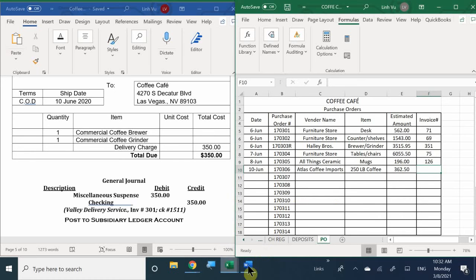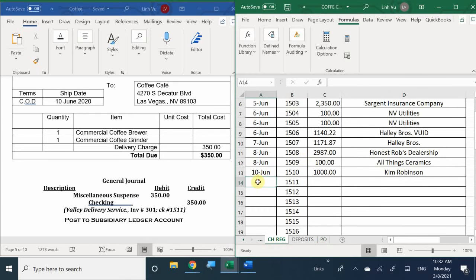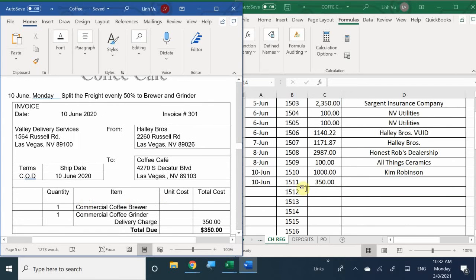All right, now we got to go to our checking, right? Because now we wrote a check, so we need to make sure that we get the check number. So here we got check number 1511, and it's for the amount of $350. And who am I writing this check out to? Valley Delivery Services.